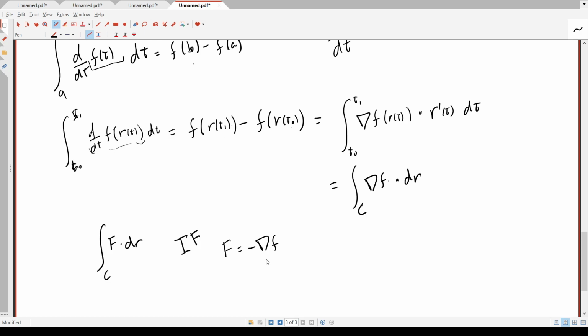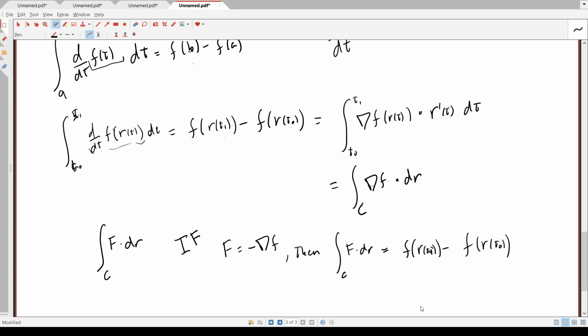If I can do that, then the integral over this curve, F dot dr, is just equal to F at r of t1 minus F at r of t0. Basically I just evaluated on the two endpoints.